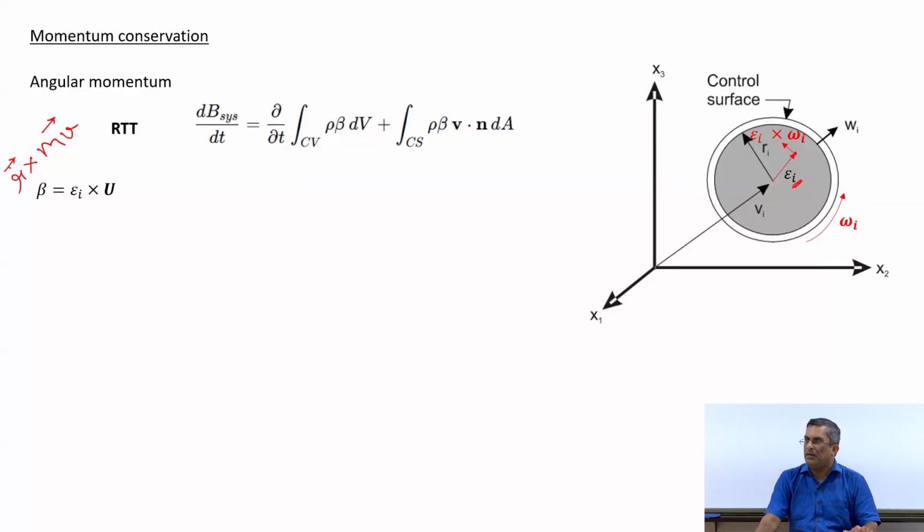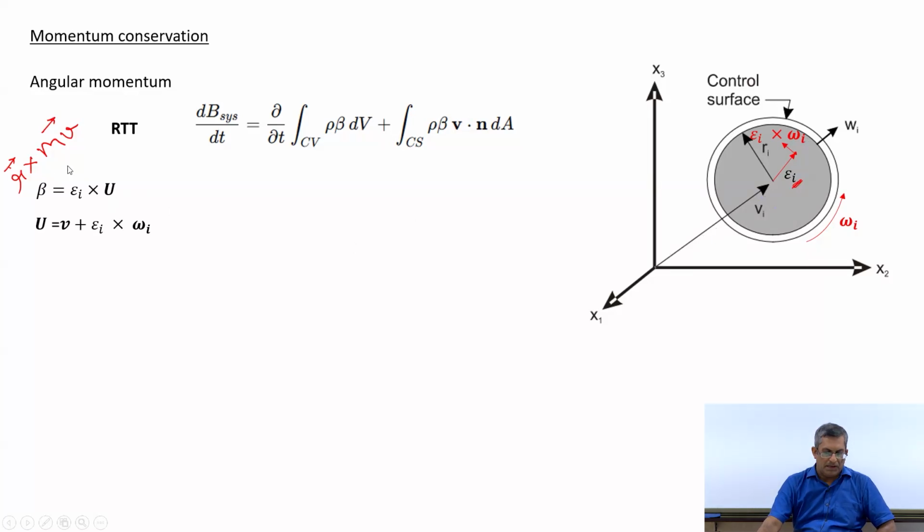Now, why am I writing capital U? Because this is the resultant velocity that we have. So, this is the overall particle translational velocity plus this is the velocity due to rotation.